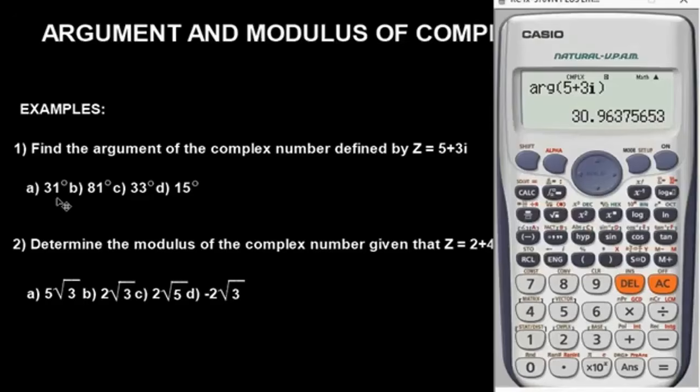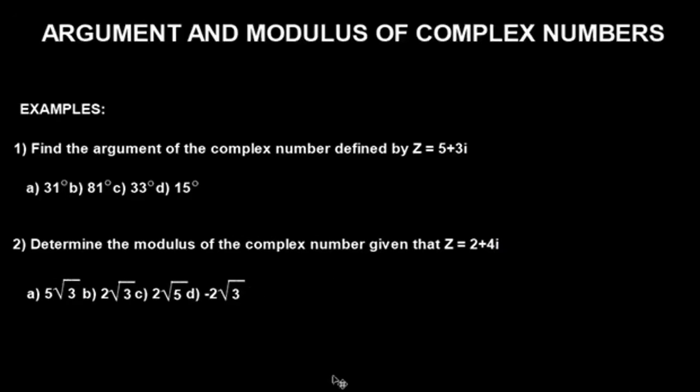Right now, let's look at how to solve the modulus of a complex number. Let's look at example 2, which is under modulus of a complex number. It says, determine the modulus of the complex number given that z equals 2 plus 4i.